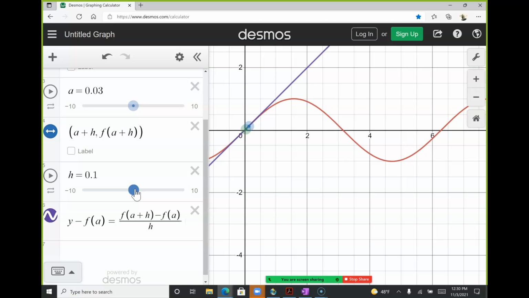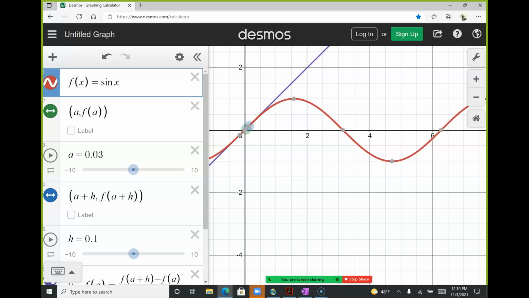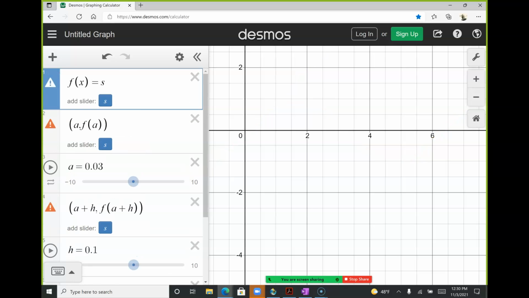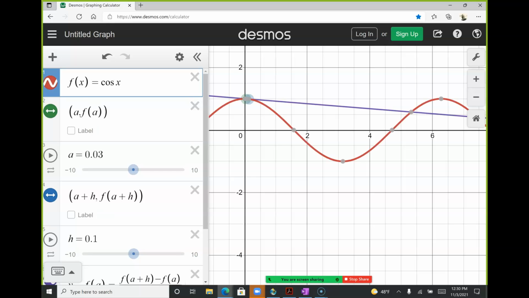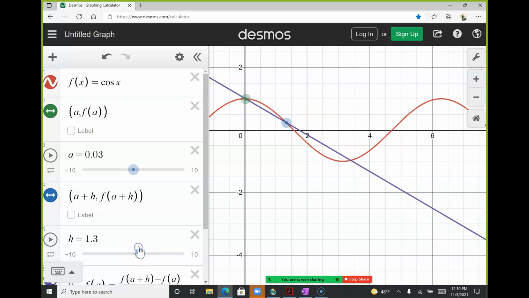So there's my secant. Now, this is a beautiful thing in that I can just change my function to cos of x, and I get a secant line on the cosine curve. And of course, I would want you to calculate your secant slope using the points and using the difference quotient.